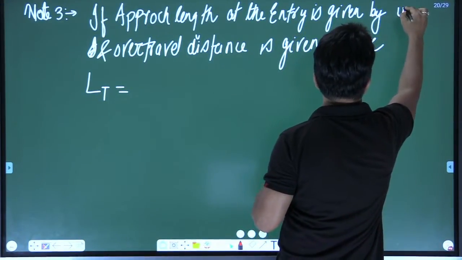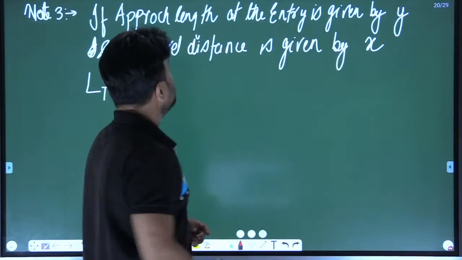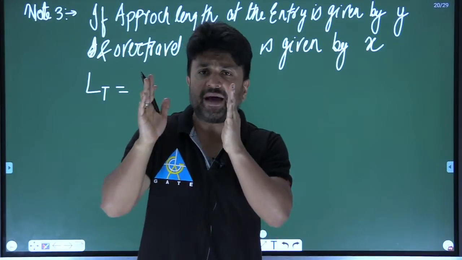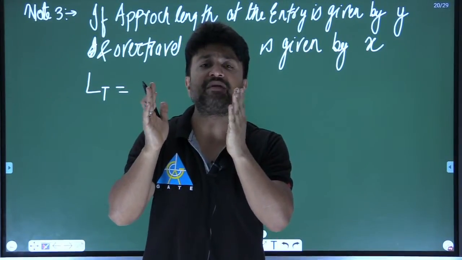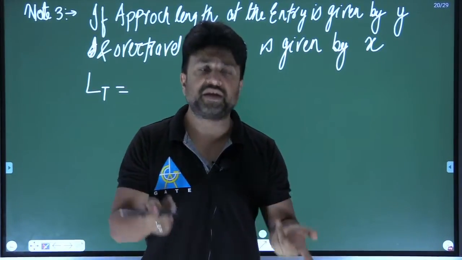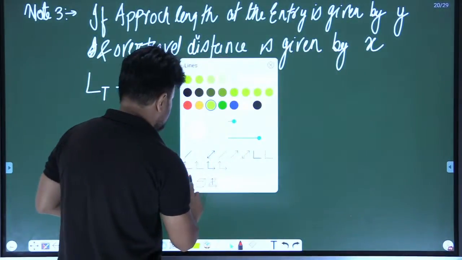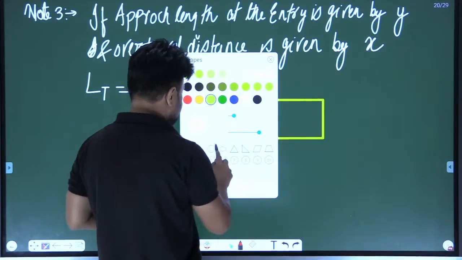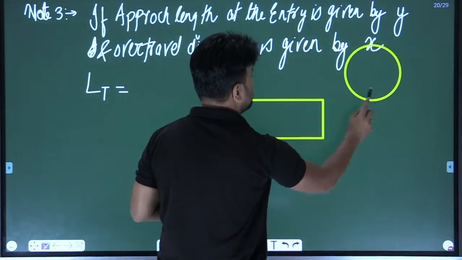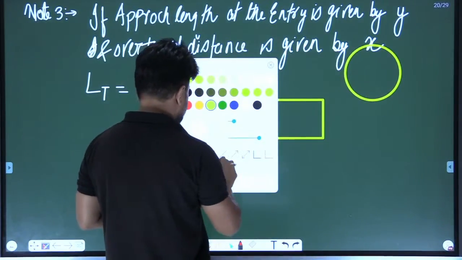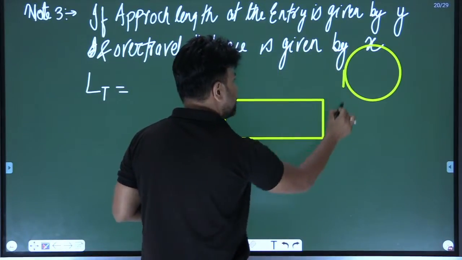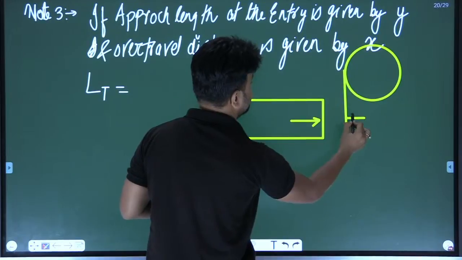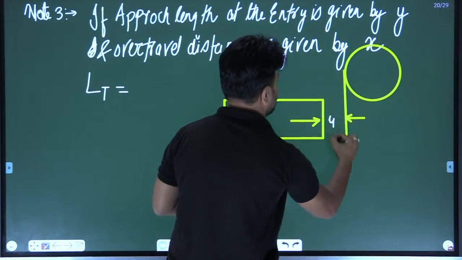Let's say y. Approach means there is a gap in between the milling cutter and the workpiece. This is the workpiece and there is a milling cutter, and you can see there is a distance in between. This is given by y.